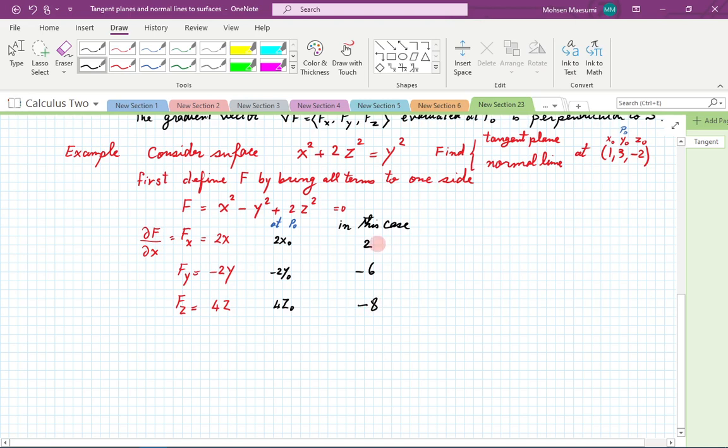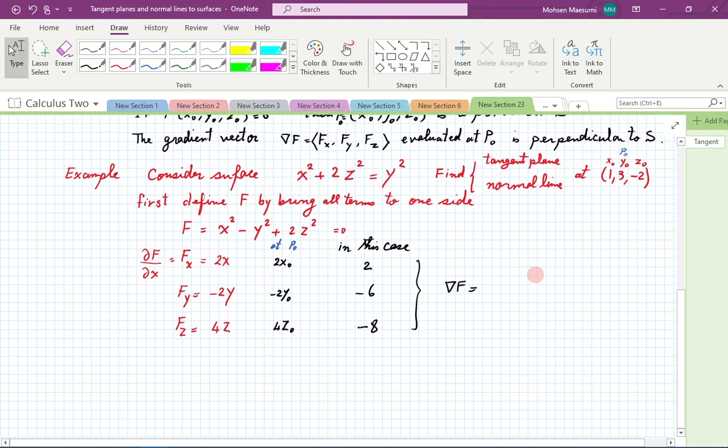So this is 2, minus 6, minus 8. So we can abbreviate all of this by saying the gradient of f. This gradient of f is this vector at this point: 2, minus 6, minus 8.